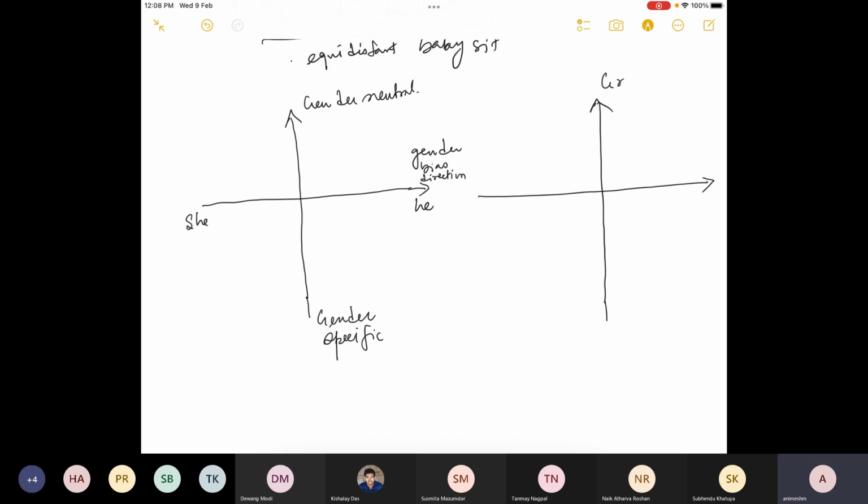Okay, here again let us draw the same thing. It will be clear in a moment why I am drawing this.